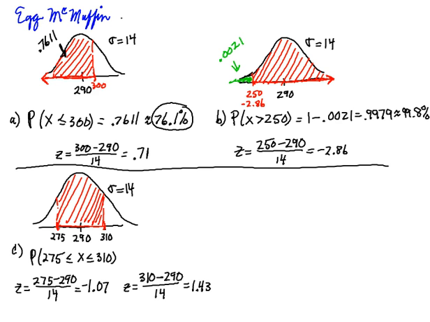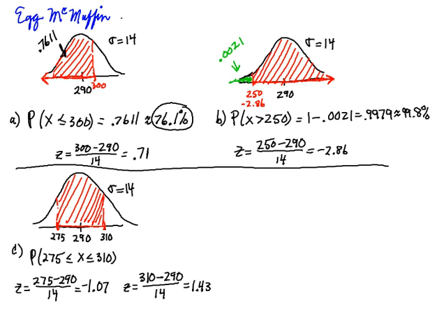So, now if I look up negative 1.07 in the table, that goes down to row negative 1, and then across to column 0.07.